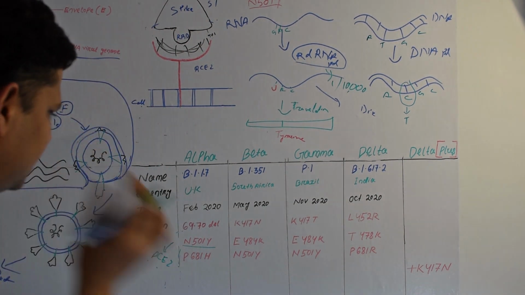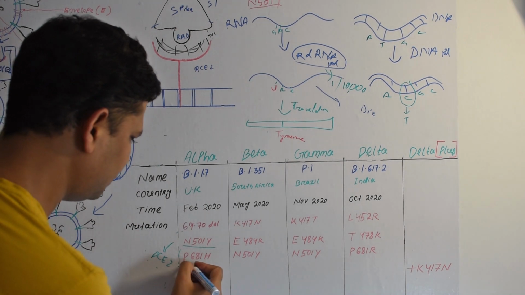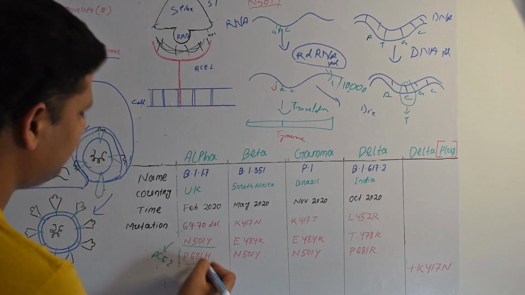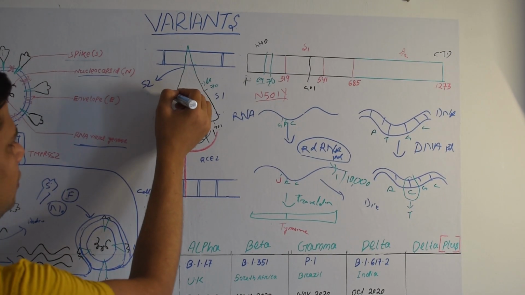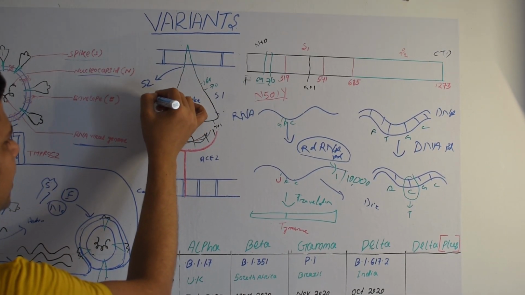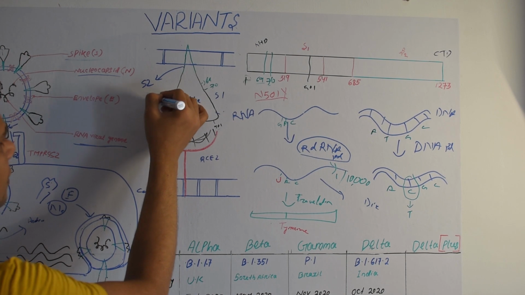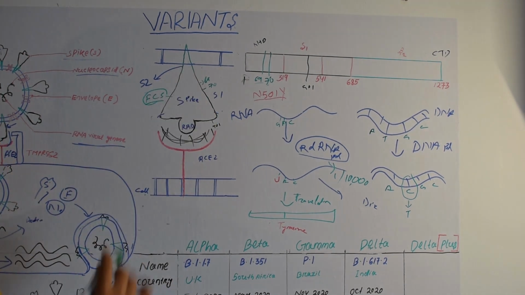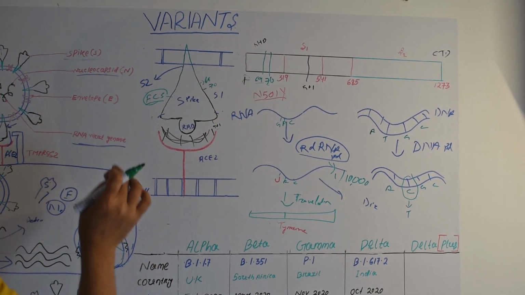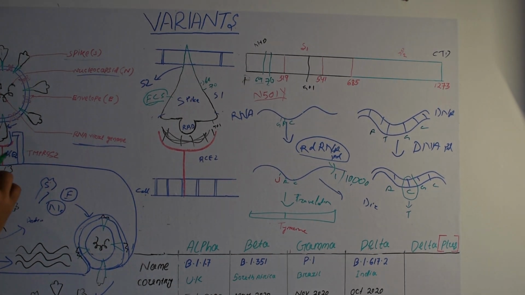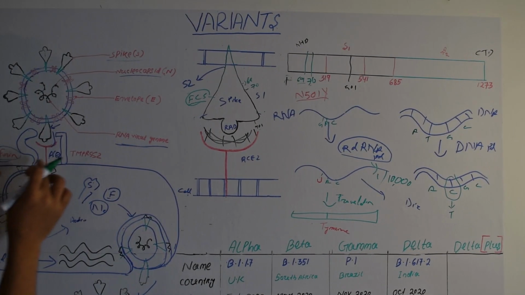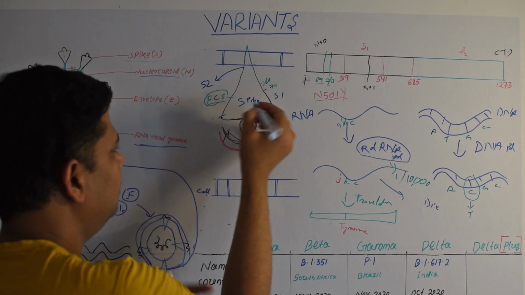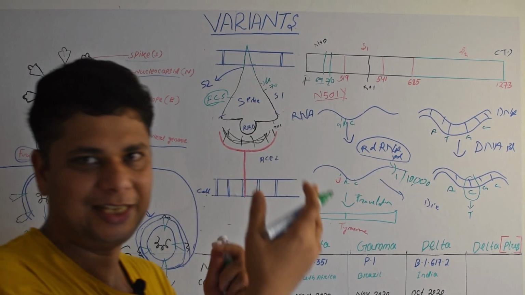Another mutation is the P681 mutation. This 681 is present on the furin cleavage site. Because of this mutation, furin, which is present on the cell membrane, cleaves the spike protein more efficiently.